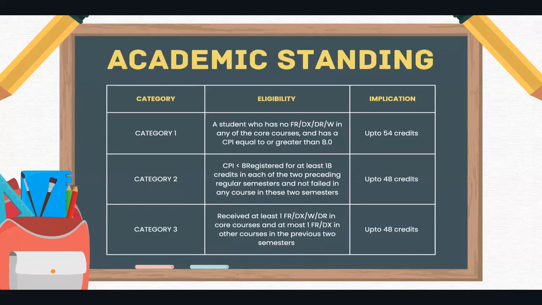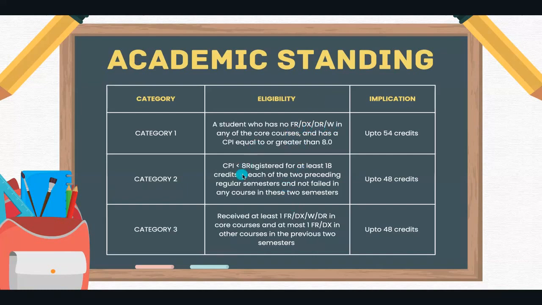If you have a CPI greater than or equal to 8, and you have no outstanding FR, DX, DR, or W grade in any of the courses, then you can take up to 54 credits in a semester. So you can take courses worth up to 54 credits, but the minimum is 18 and the maximum is 54. However, if your CPI is less than 8 and you do not have any FR, DX, DR, or W grades, these four grades are considered as backlogs.